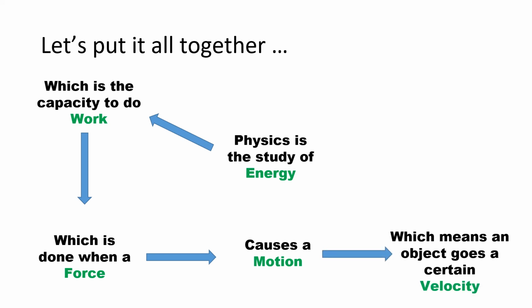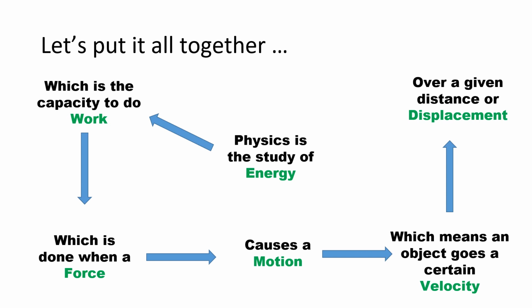That motion has some components such as how fast does it go? What is its velocity? And in order to calculate velocity, we have to be able to measure displacement and time.